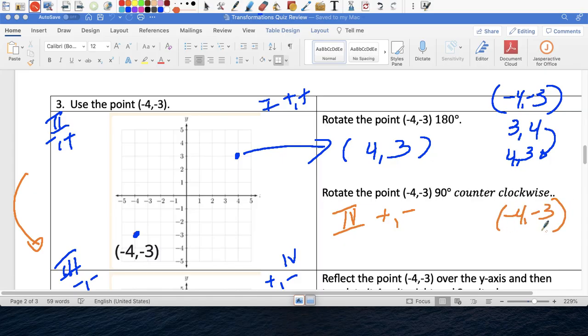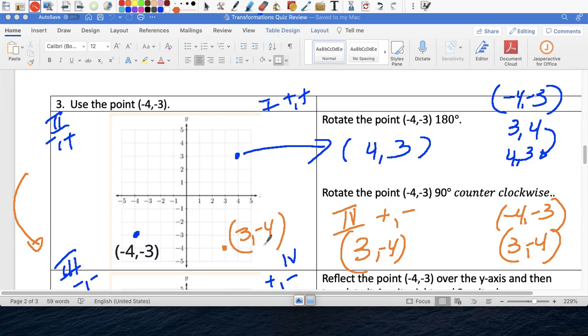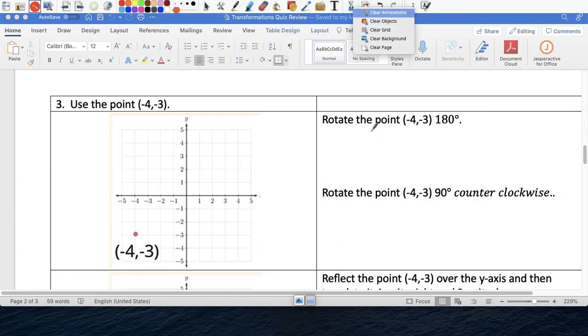Well, if we forget the signs and just switch the numbers, it becomes 3, 4. And in quadrant 4, who is negative? The second number is negative. So it's going to be positive 3, negative 4. Right, you switch once, this is just 90 degrees, and you move one quadrant over in the direction that is mentioned.